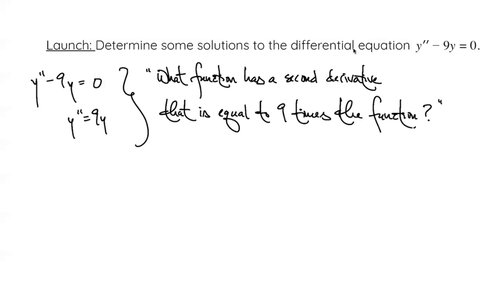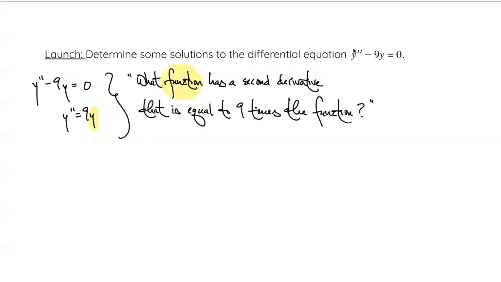Y double prime equals 9y means that you have some function y, and when you take 9 times that function, you end up with the second derivative. So using that, what are some ideas we might have?